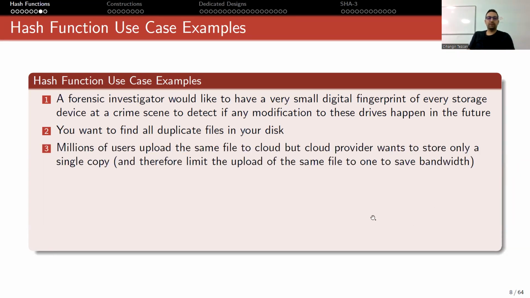Another solution, actually, this is how cloud works, by the way. Millions of users upload the same file to the cloud, for instance, Dropbox or Google Drive. But the cloud provider wants to store only a single copy, right? Why would they waste space when they have the same file many times? Therefore, they only store one of them.